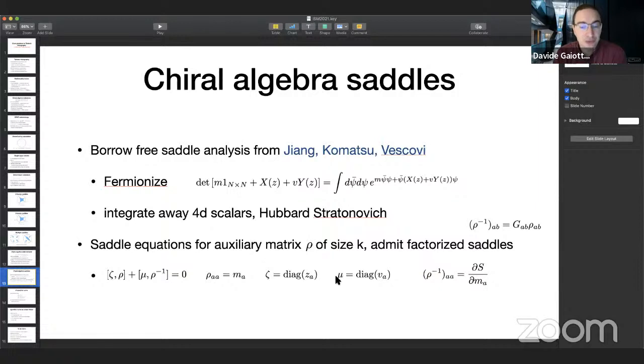Let me denote as mu the diagonal matrix whose entries are the orientations of the different giant gravitons. Then the saddle equations become simply the commutator of zeta and rho plus the commutator between mu and rho inverse equals 0. Intuitively, the rho inverse comes in because when you integrate the fermions, you get the determinant of rho to the power of n. That becomes the exponential of the logarithm of rho. And so when you write down the saddle equations, the derivative of the logarithm of rho is rho inverse.